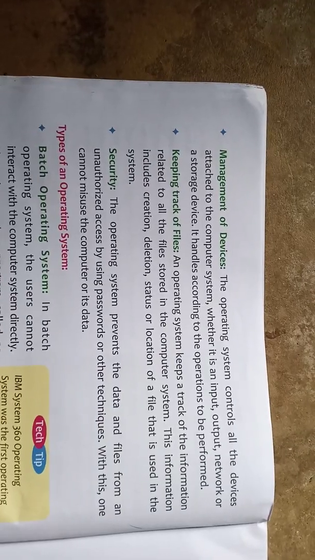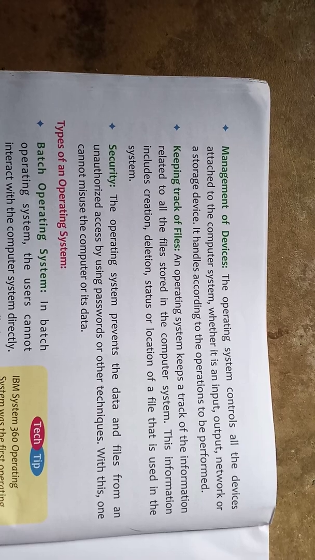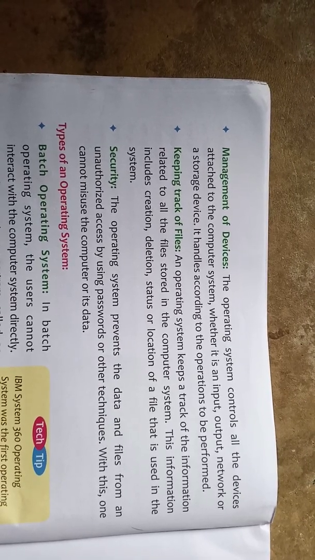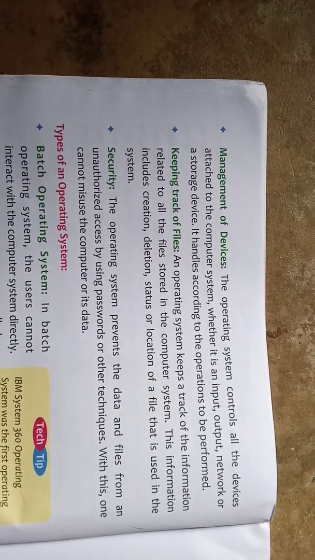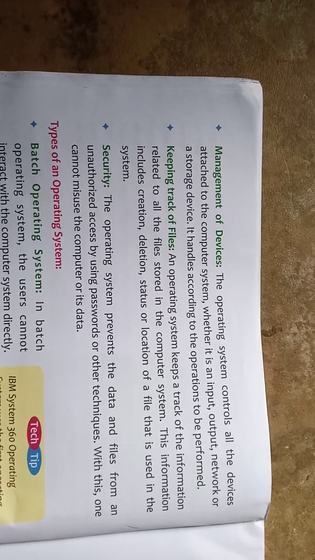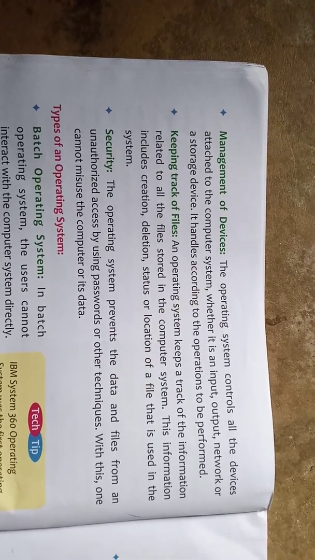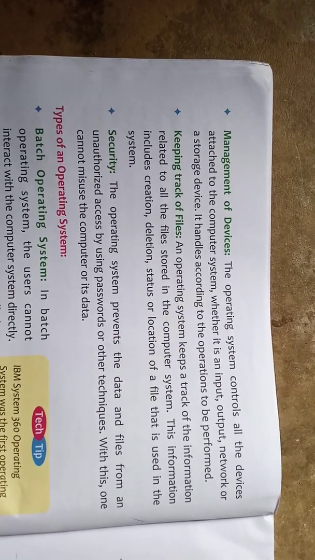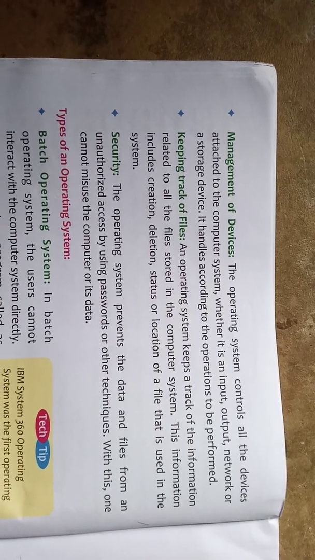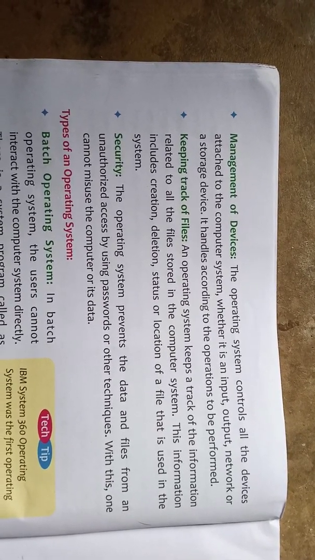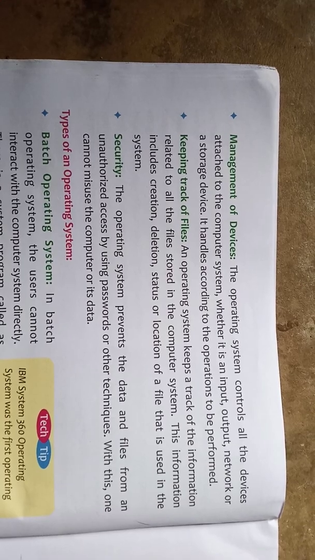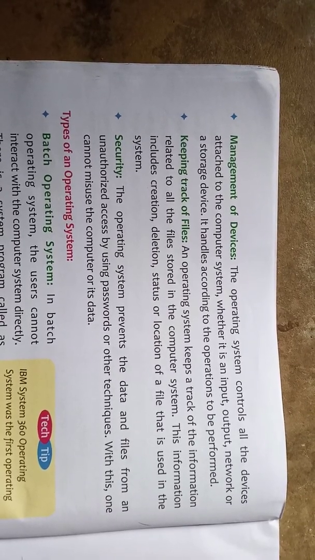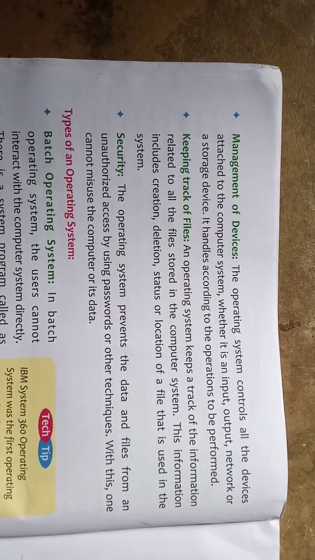Now you see management of devices. The operating system controls all the devices attached to the computer system, whether it is an input, output, network or storage device. Then keeping track of files.